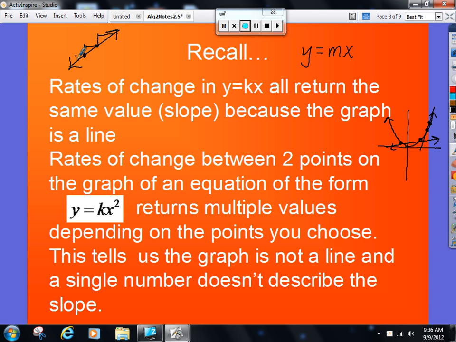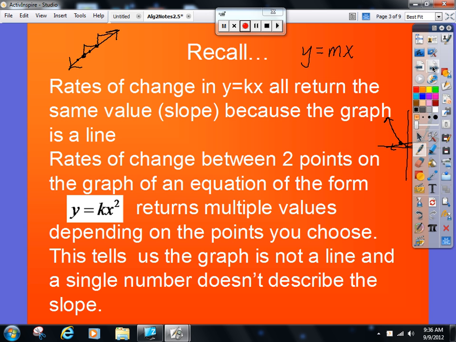Okay, on this graph over here, it wouldn't matter which 2 points I pick. That line that I would draw between them is the same, but here it will really depend on what 2 points I pick. Okay, when you get multiple rates of change between points, then we automatically know it's not a line. We don't know exactly what it is. You don't know necessarily that's a parabola. We'll talk about other rates of change later this year, but it's definitely not a line. Okay, so that's what we're talking about today.